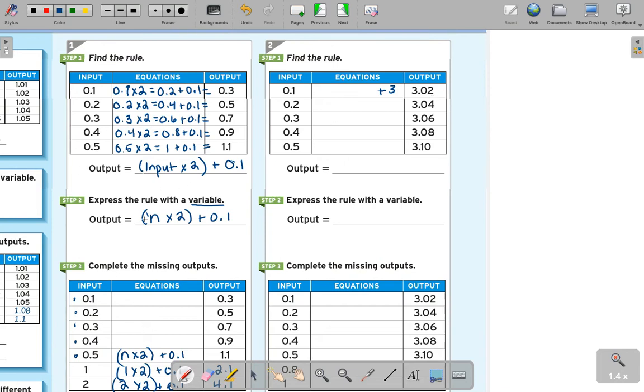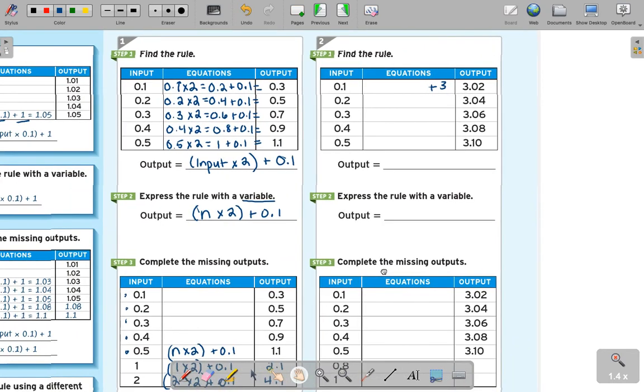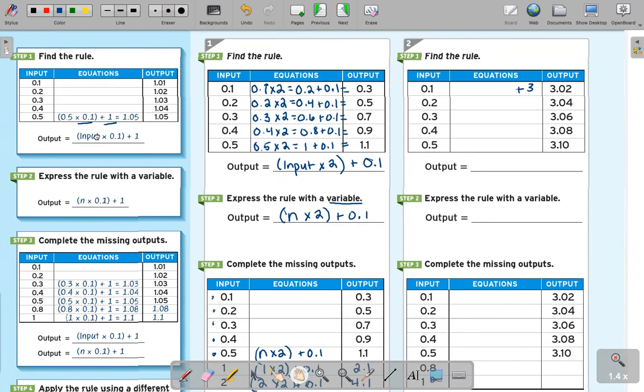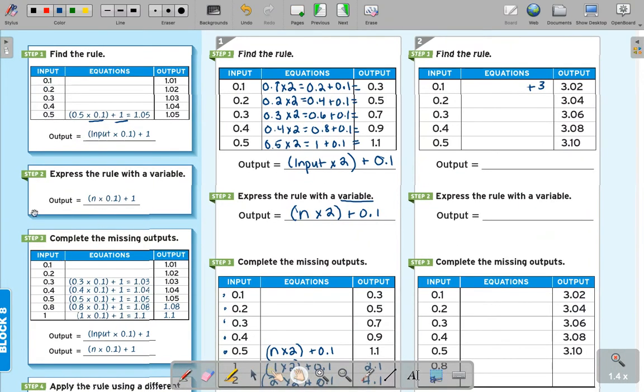This makes me think of that first problem at the beginning. So I'm going to kind of creep back here. On this problem, we went from 5/10 to 5/100. And I had to multiply it by something in the tens place. So a tenth times a tenth gets me to hundredths. So I think that might be what I need to do here.